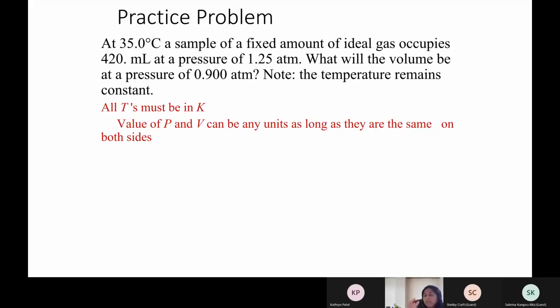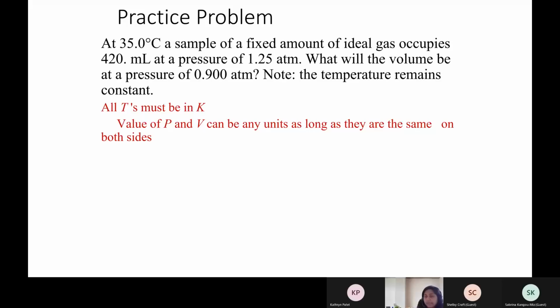For all the gas law equations, the temperatures must be applied in Kelvin. In general chemistry too, you will do lots of examples and calculations using chemical equilibrium, chemical kinetics, and thermodynamics. In everything, starting from this module, you should apply the temperature in Kelvin.